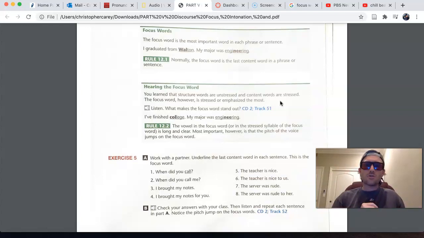And just for good measure in English, we pronounce that focus word with a high pitch. We raise the volume of our voice so that it's much easier for the listener to hear that focus word, which again is the most important information in a phrase or sentence.